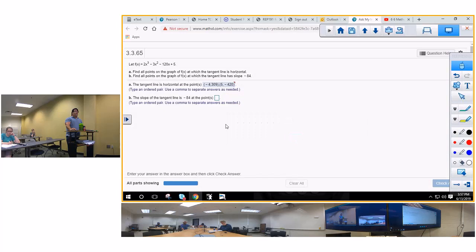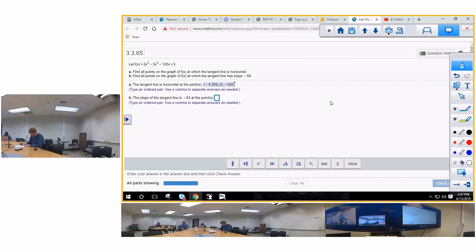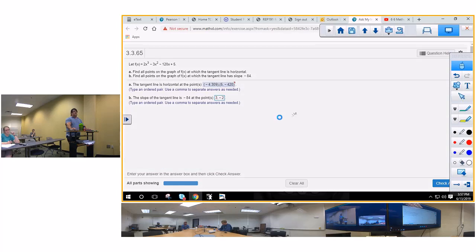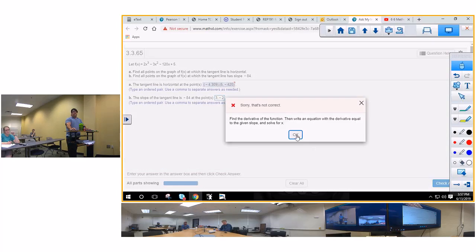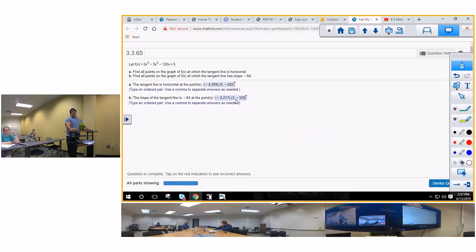Next one. What did we say this one was? What did I say? 3 and negative 2. I don't know how they're writing it. 3 and negative 2. Of course, that's not right, but it should be 3 and negative 2.